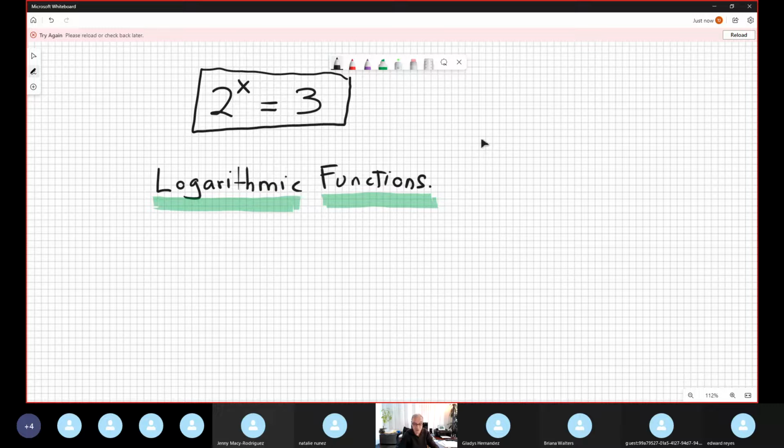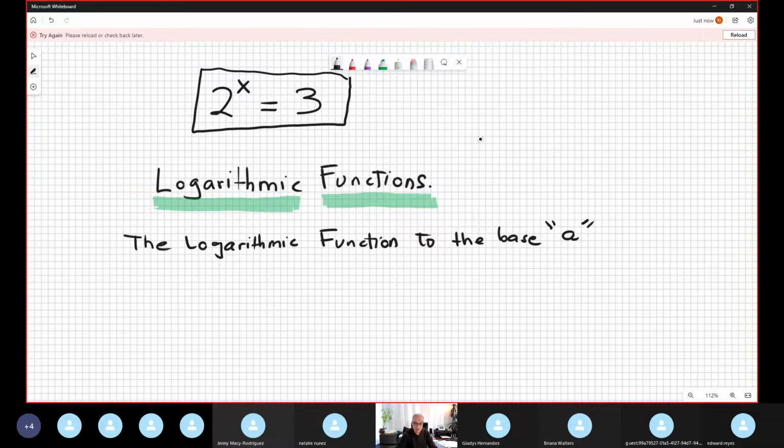For example, the logarithmic function to the base a, where a is always a positive number and never 1 or 0.